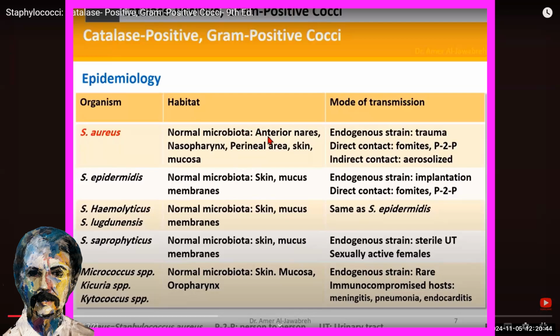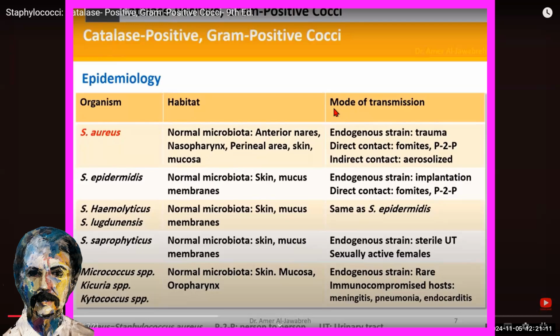And it's found in the anterior nares, nasopharynx, perianal area next to the anus, skin, mucosa, and mode of transmission. The mode of transmission is endogenous strain. Endogenous means that some people, these 15% of the medical team, have this S. aureus inside. It's coming from within. That's why we call it endogenous.